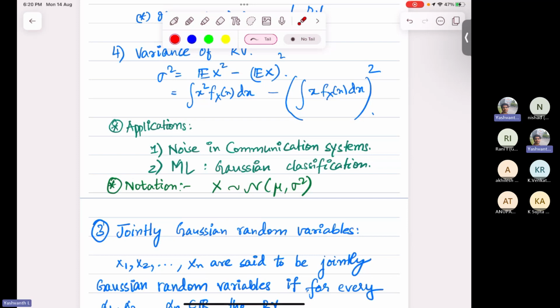So the notation, how to denote a random variable: if I say x tilde N(mu, sigma squared), with a calligraphic N and the parameters mu comma sigma squared, it is read as x is a random variable that is Gaussian distributed with mean mu and variance sigma squared.